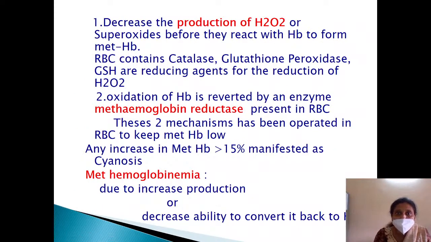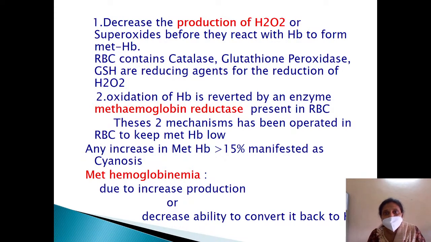How is the level maintained at less than 1%, despite the continuous production of free radicals and H2O2? Because there are 2 mechanisms operating in RBC that keep the methemoglobin levels low.